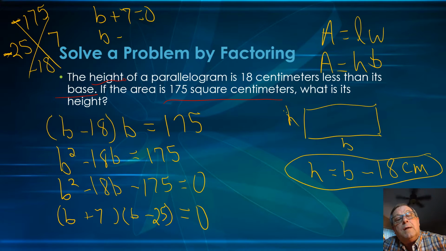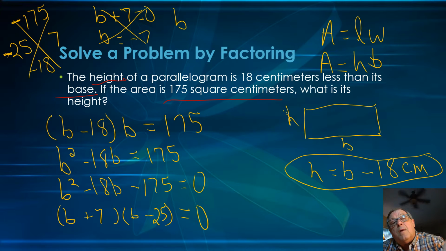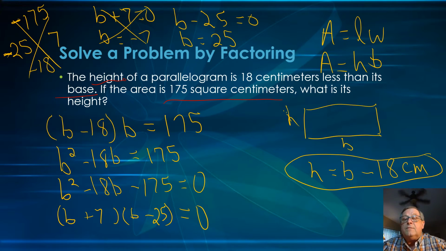Well, then B would equal negative 7. But B is the base. It's a distance. It's a length. It can't be a negative number. So I can rule this out as a possible solution. But let's continue on. I've got B minus 25 equals 0. And now I've got B, the base, equals 25 centimeters.